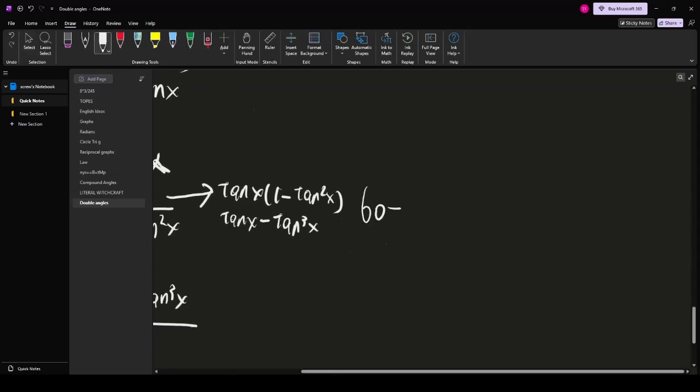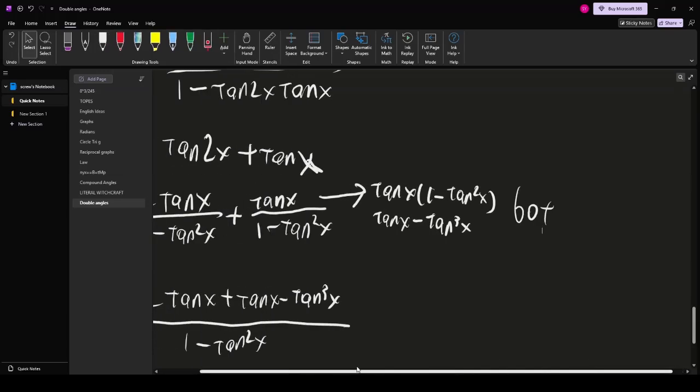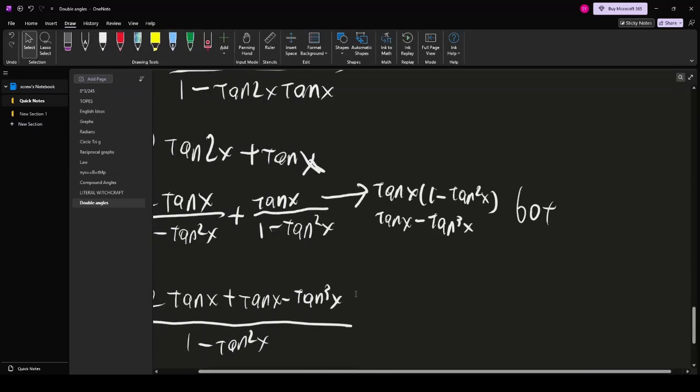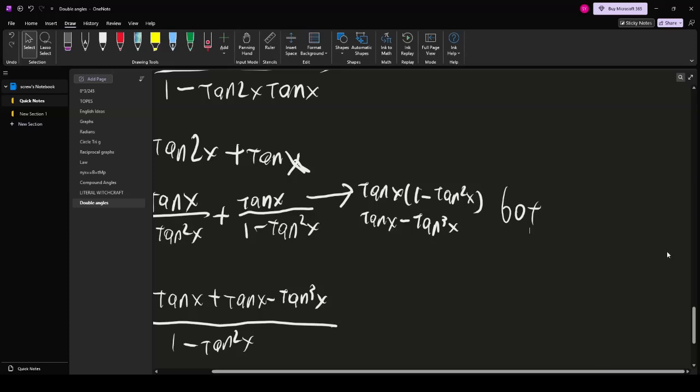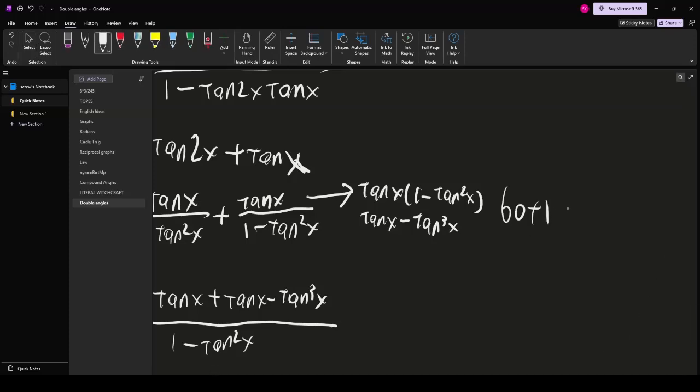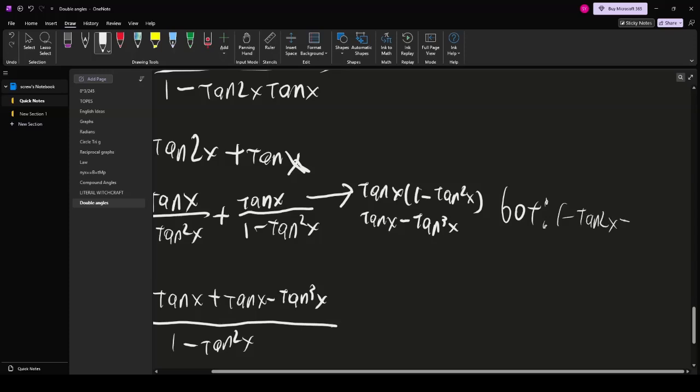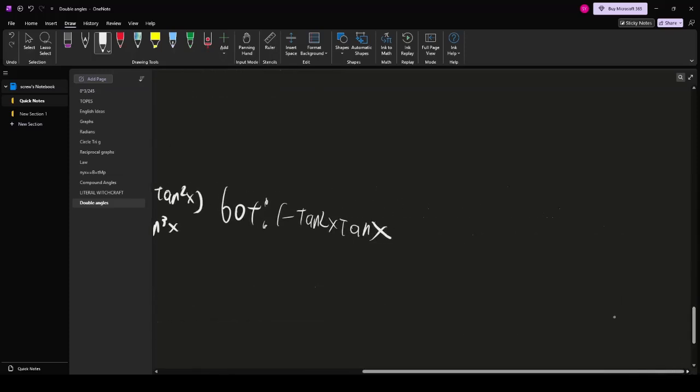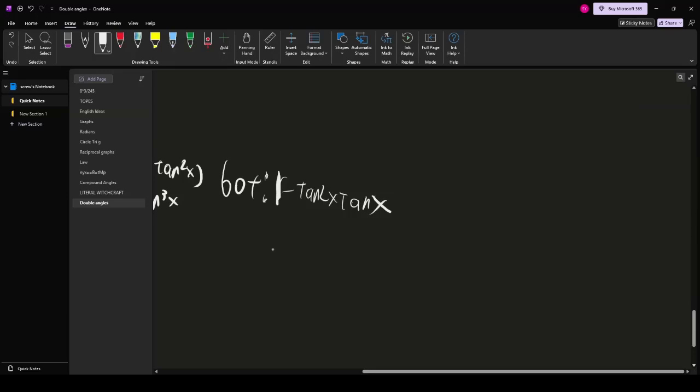The bottom is 1 minus tan 2x multiplied by tan x. So now we have 1 minus, again, apply the double angle formula.